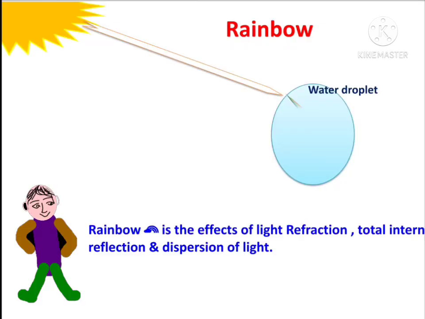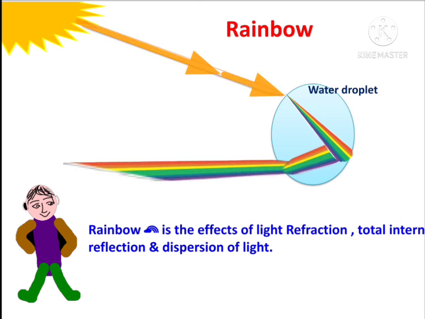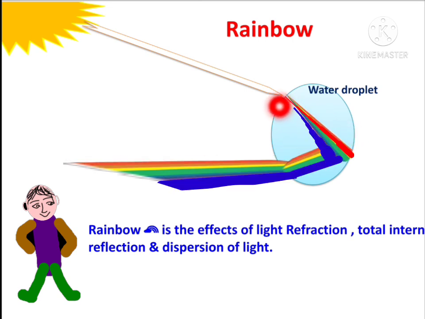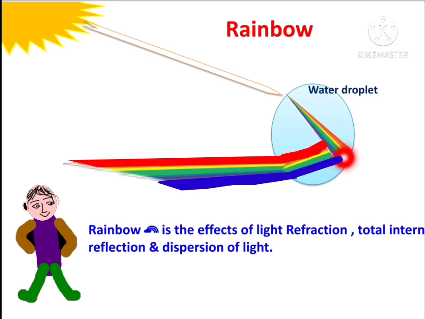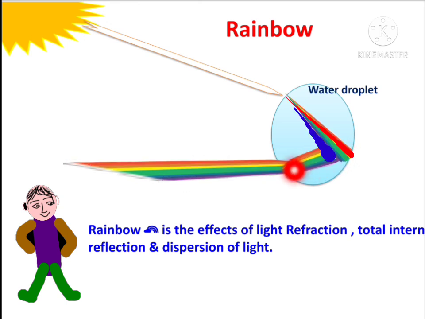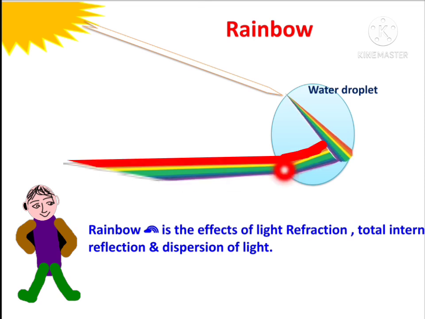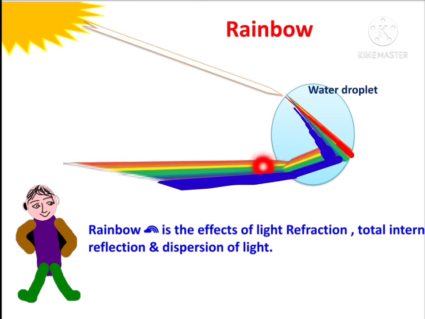Then the last part of this chapter, that is rainbow. Here, when sunlight enters minute water droplets in the air after rainfall, the light rays are refracted, then there is total internal reflection of all component colors, and finally again refraction when light enters from the water droplet to air.